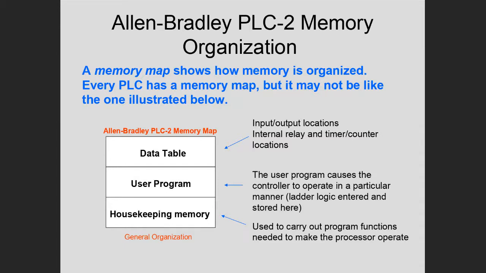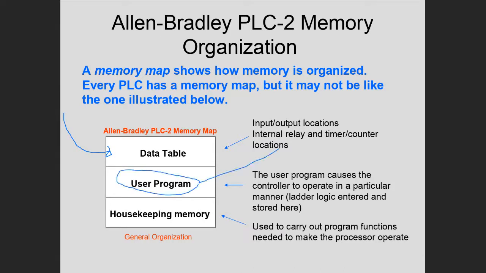There's going to be the data table section. Now, data table and input-output image table mean the same thing. In your book, they call it the data input-output image table. In the actual PLC, when you buy one, they'll call it the data table. So they mean the same. So in memory, there's a section for the data table. There's a section for the program that you write, the user program.